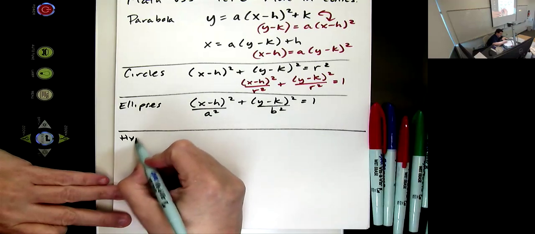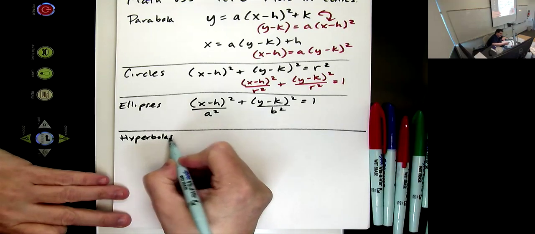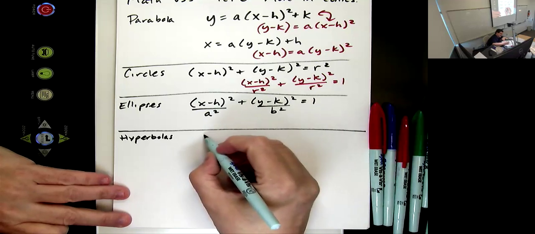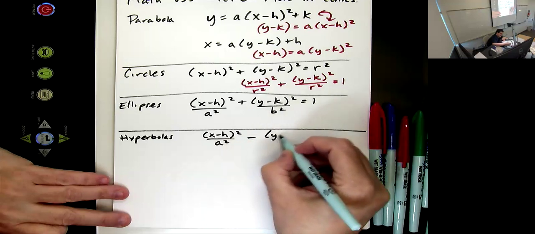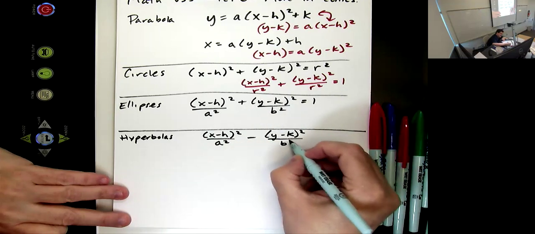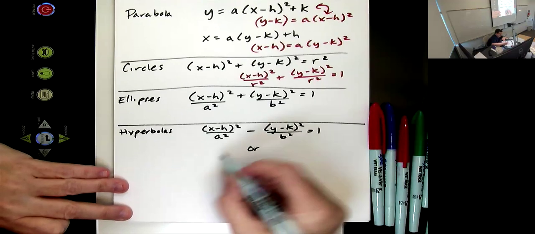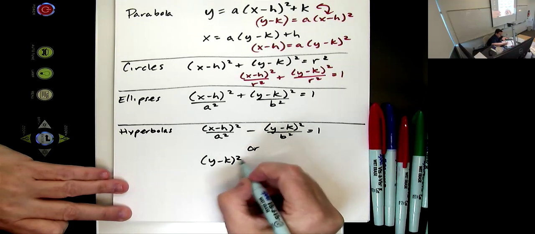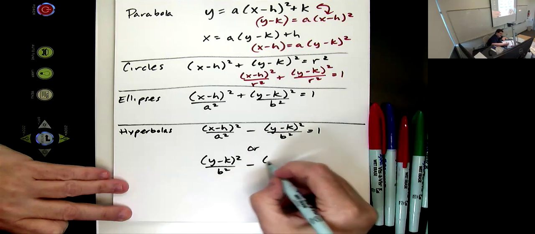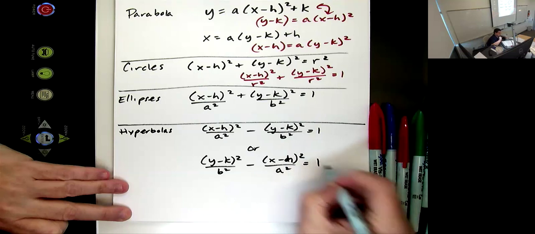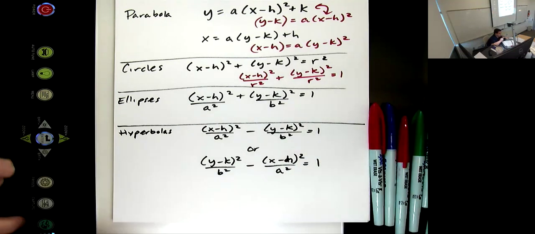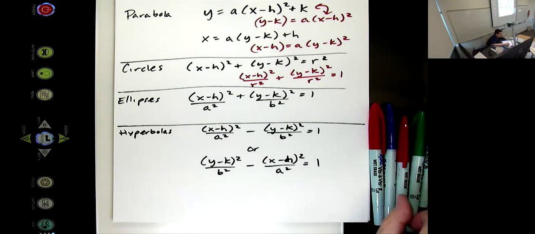And hyperbolas. There's two forms here. So those are the equations we had.